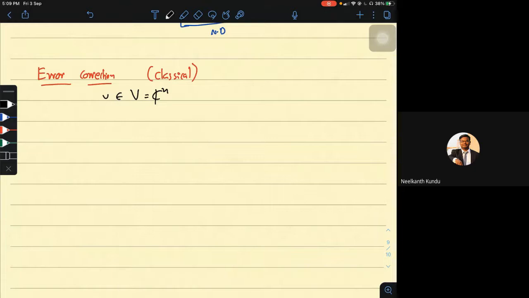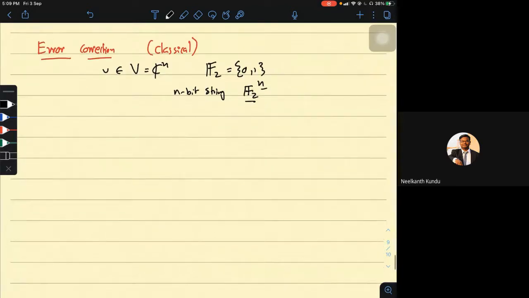Similarly, we have this notation where, say, we have the binary field as 0, 1. The n-bit string can be given by the notation F2 to the power of n. This is just a small notational thing. So let's look at some classical error correction. Why do we need classical error correction? These classical systems are usually prone to errors, and errors can be random errors, correlated errors, uncorrelated errors, etc.